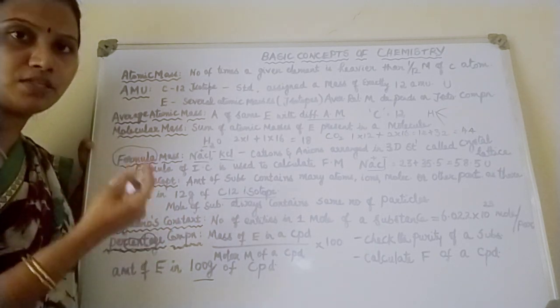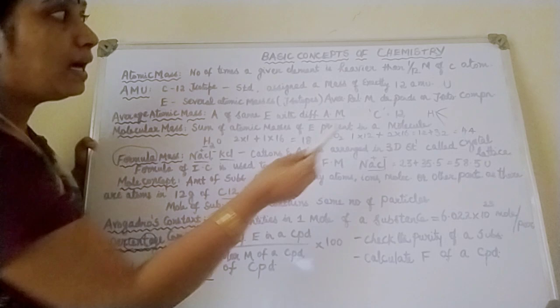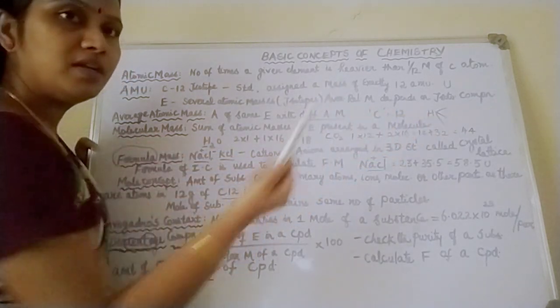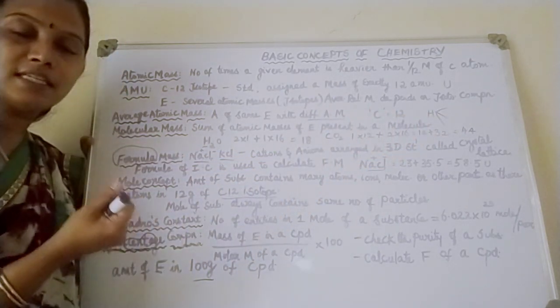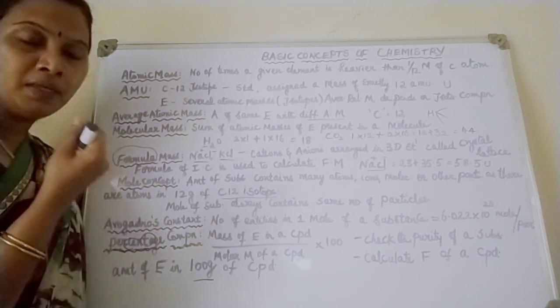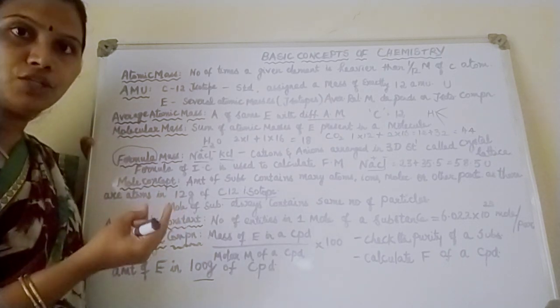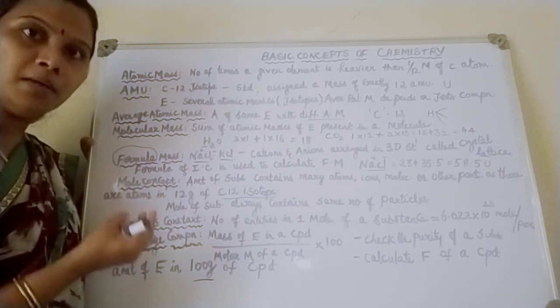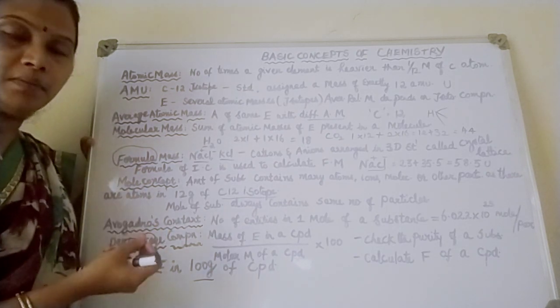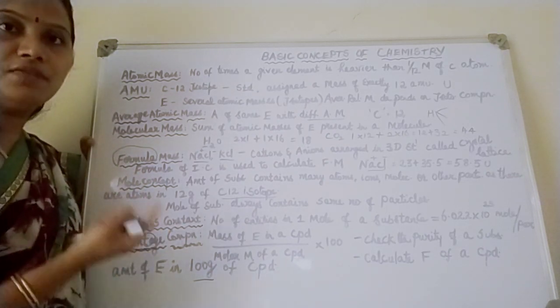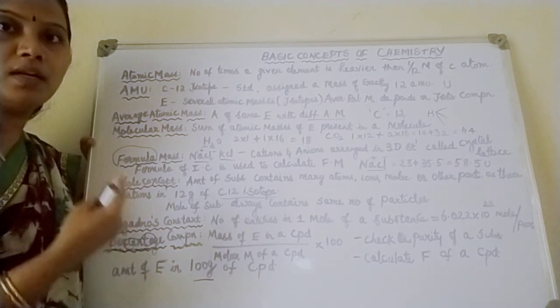Okay. Now, a particular element can have different isotopes. Say for example hydrogen. Hydrogen will be existing in 3 different forms of isotopes, like it can exist as protium, deuterium, then tritium, like H1, H2, H3. Similarly, carbon will exist in different forms of isotopes like carbon 12, carbon 14.